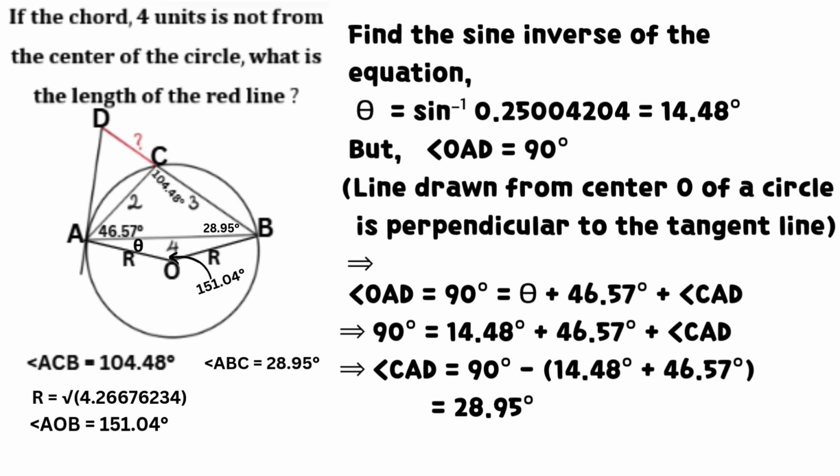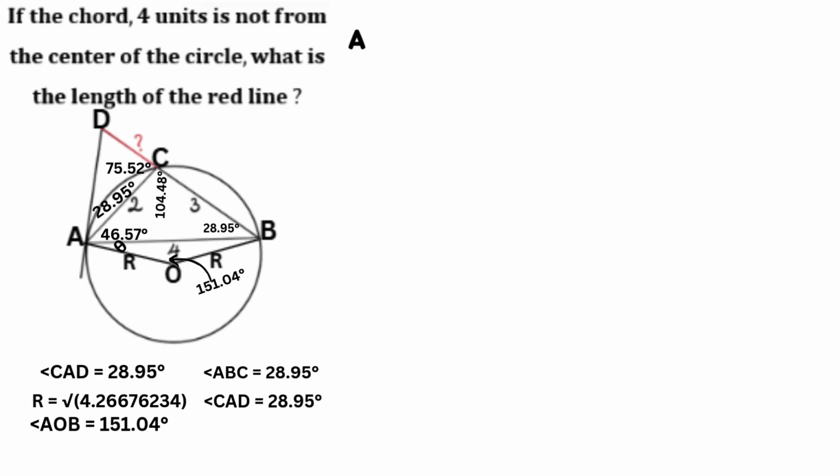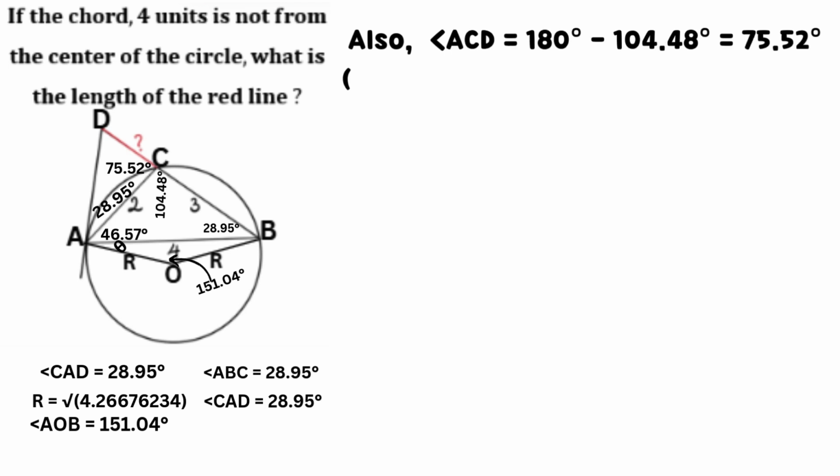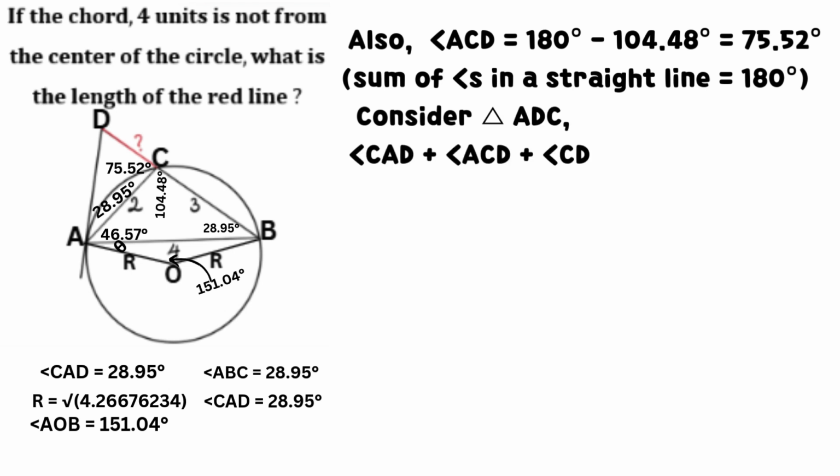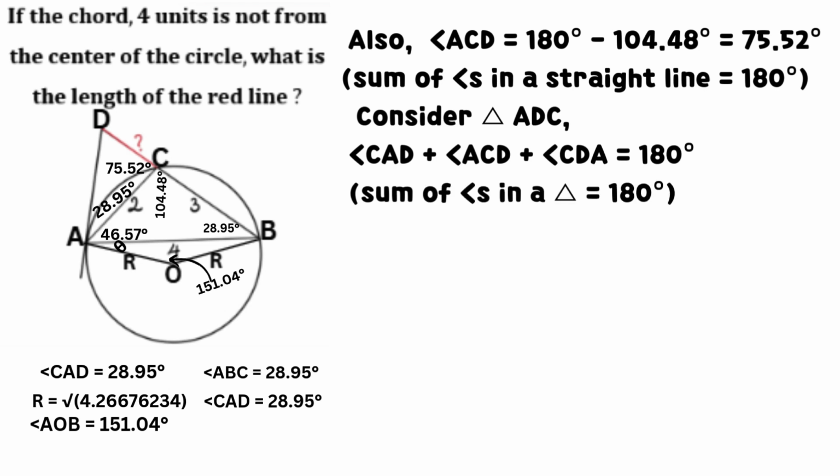Therefore, angle CAD equals 90 degrees minus the sum of 14.48 degrees and 46.57 degrees, which equals 28.95 degrees. Also, angle ACD equals 180 degrees minus 104.48 degrees, which equals 75.52 degrees. It is because the sum of angles in a straight line equals 180 degrees.